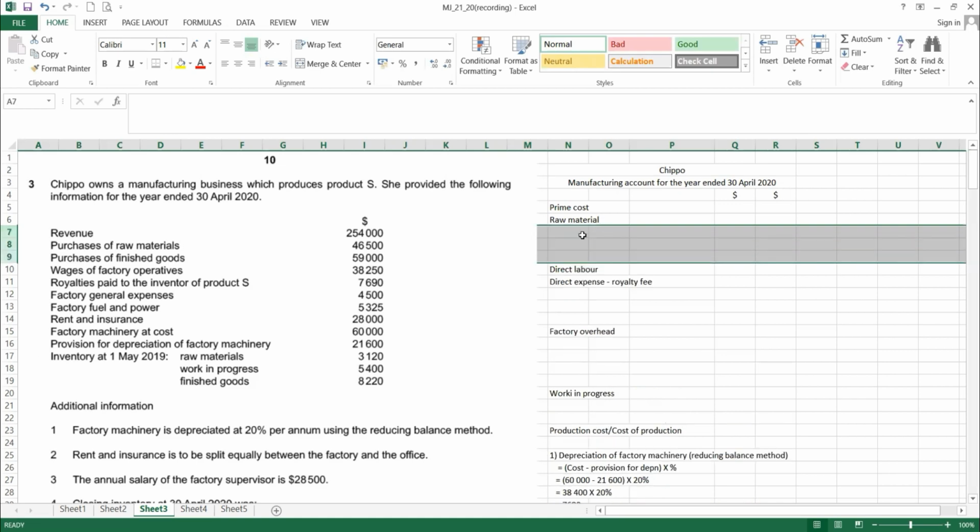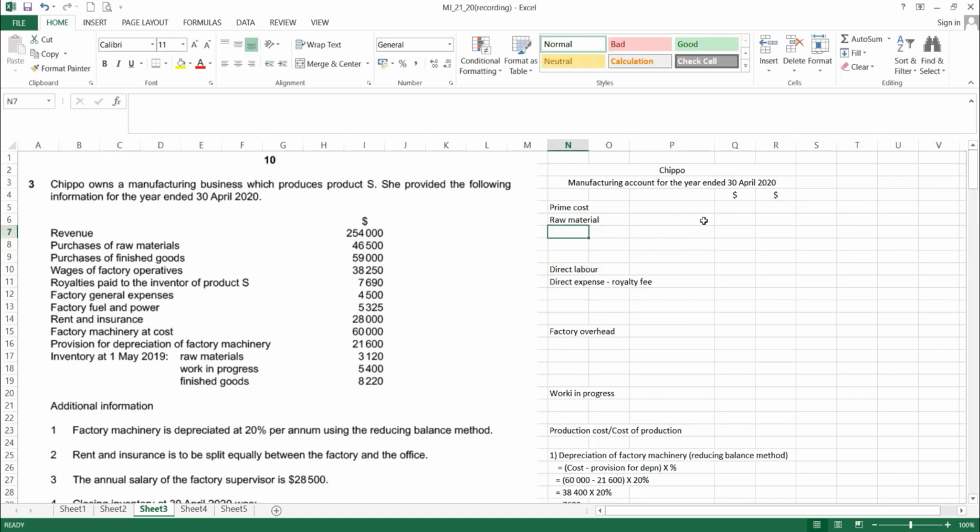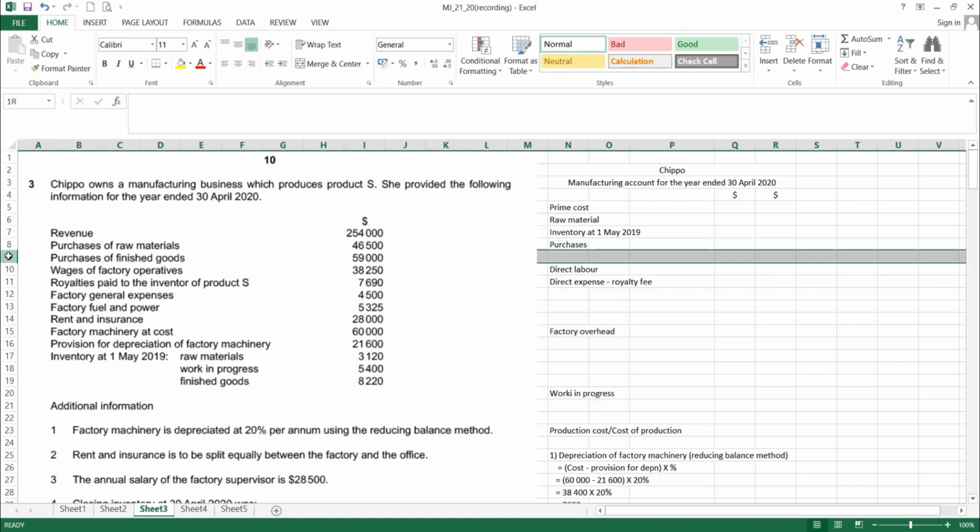Okay. Raw material is talking about the purchase of the raw material. But at the beginning of the question, we have the amount. Inventory at 1st May, that means we have to put in the inventory at 1st May 2019, plus the purchases during the year. If you have any direct costs incurred for the purchases, you also have to add in.